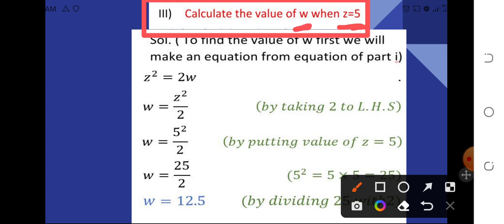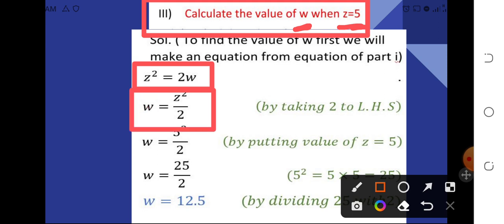Taking the same equation we found in part 1, Z square is equal to 2W, now we take 2 to the left hand side. By taking 2 to the left hand side, we get another equation: W is equal to Z square upon 2.